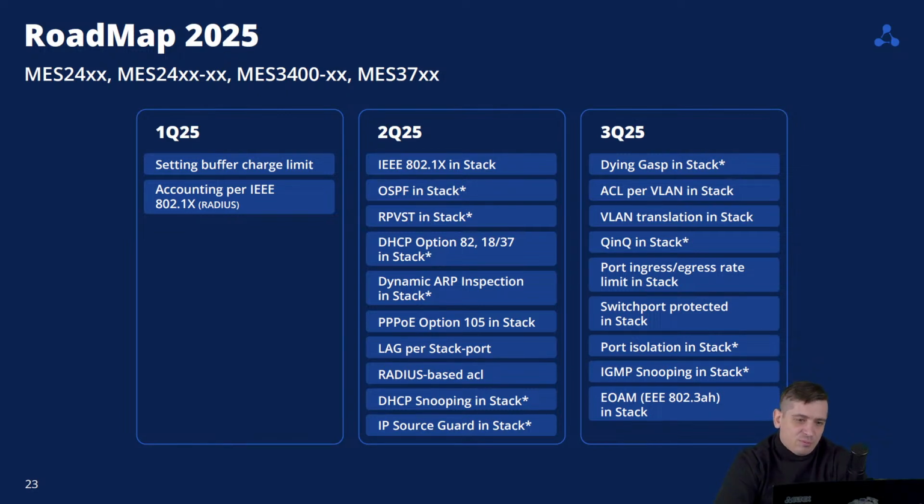So as you see from the scale, in third quarter of 2025, they will be supplied with OSPF in stack, with RP-VST in stack, with DHCP snooping in stack, with IP source guard in stack. In third quarter, they will get dying gasp in stack, port isolation, Q-in-Q, IGMP snooping in stack, and more and more options.